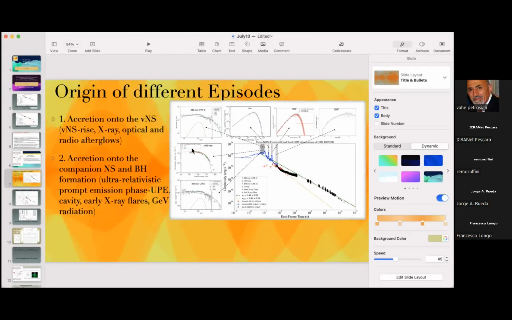Therefore, GRBs have been essential in understanding black holes. And then we can use them at z equal 10 in active galactic nuclei. This is my great message. But this is due to the work Jorge did with the scaling. Well, this is my summary.